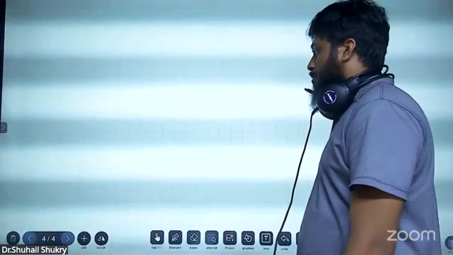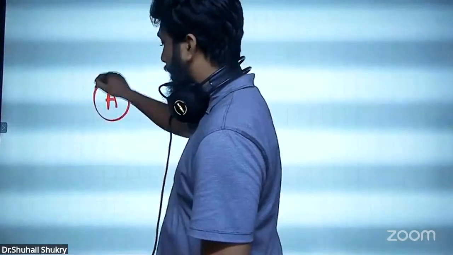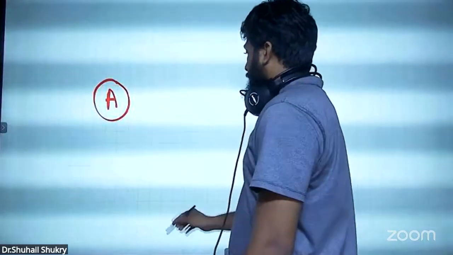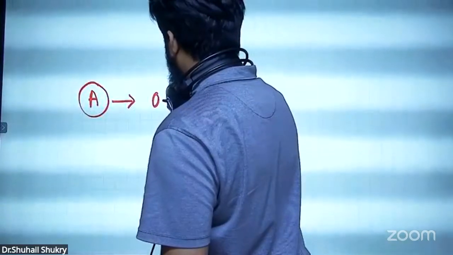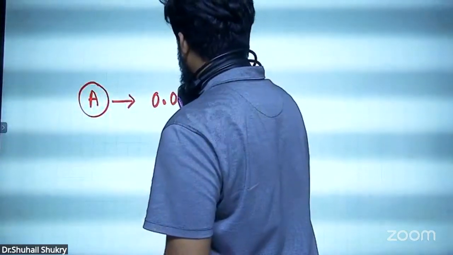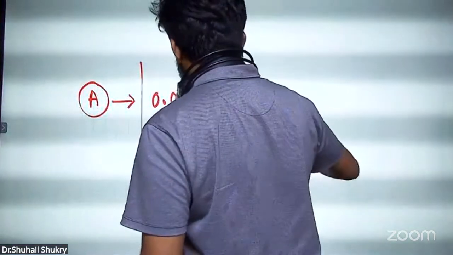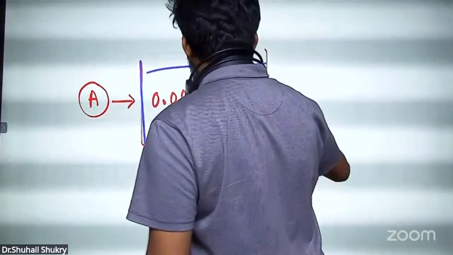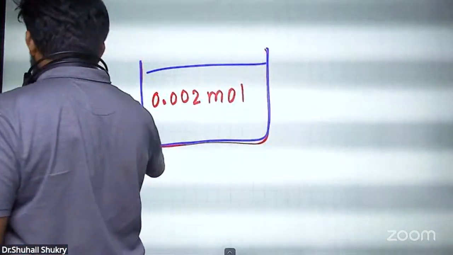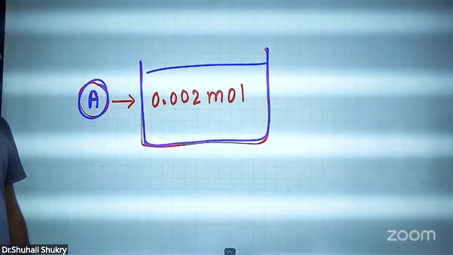Right. Now, guys, say a substance is there, called A. A is dissolved, 0.002 moles in a solution.